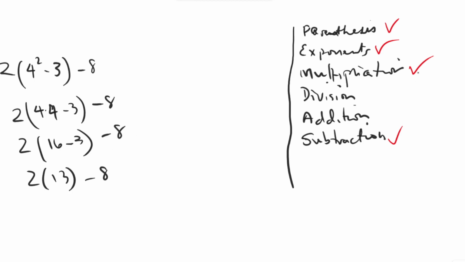You see that? So 2 times 13 is equal to 26 minus 8. And we are left now with subtraction. So 26 minus 8 is equal to 18. Guys, this is how we go about order of operations.